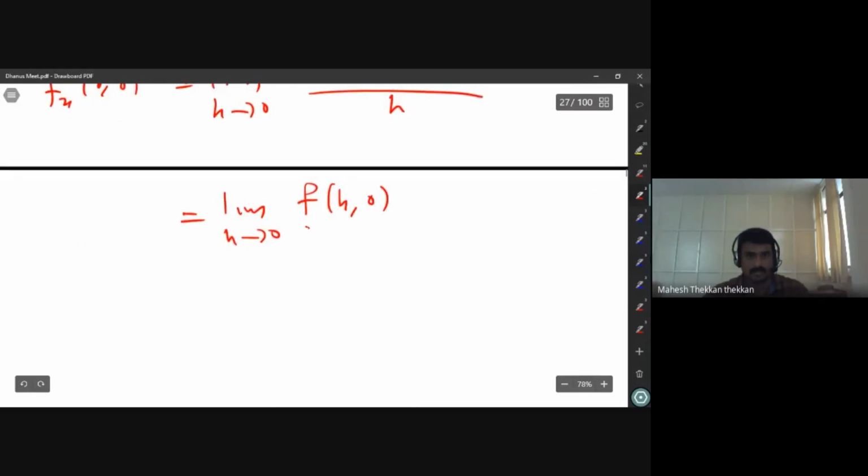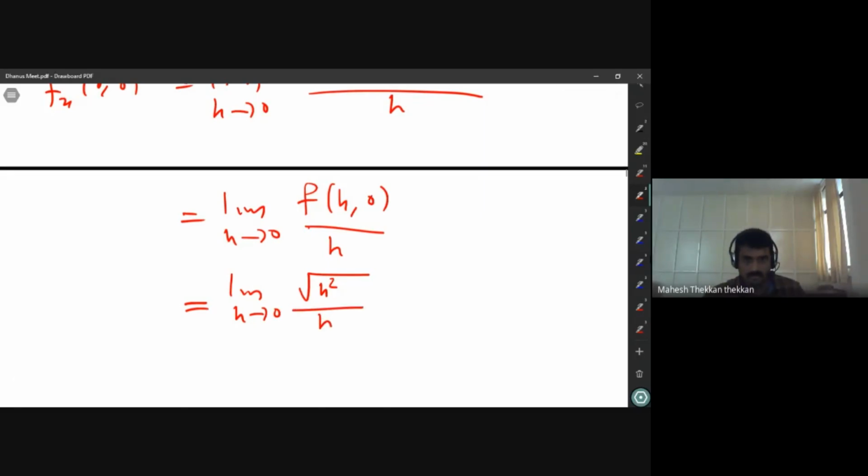So this is f of h comma 0 by h, which is the limit as h tends to 0 of the square root of h squared by h. So this is equal to the limit as h tends to 0 of modulus of h by h. This does not exist.